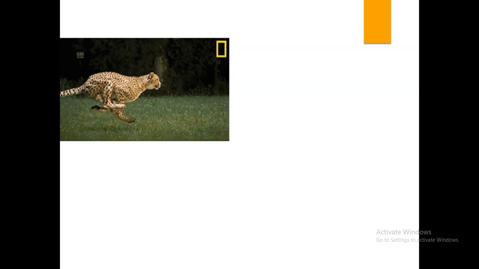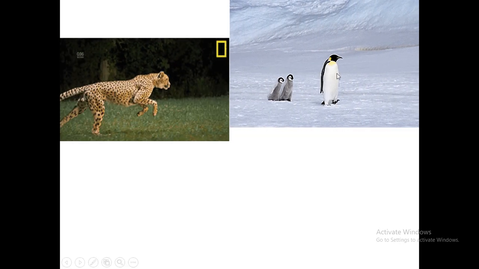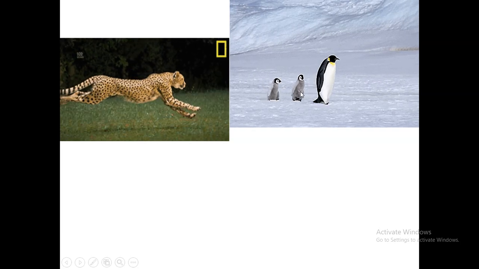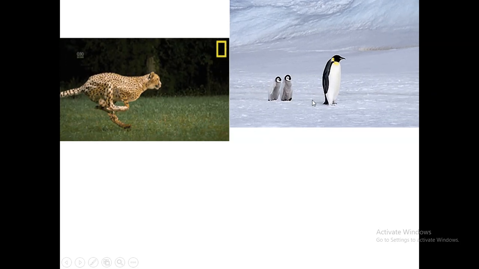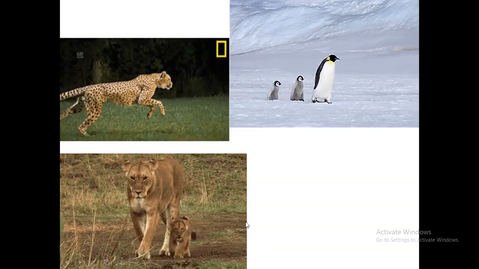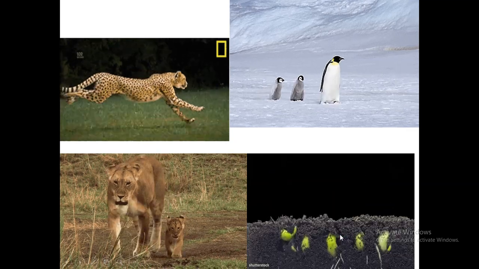What else can you do? What traits do we have as living things? Look at this leopard here, or a cheetah. It's running. This penguin has babies and they are moving. A lioness with its baby. And these are plants.